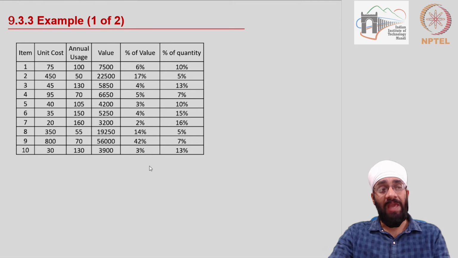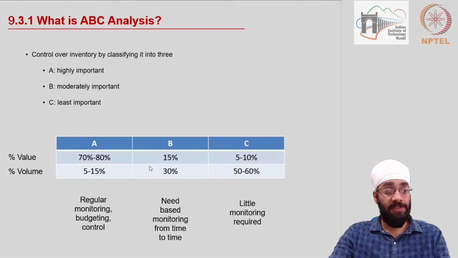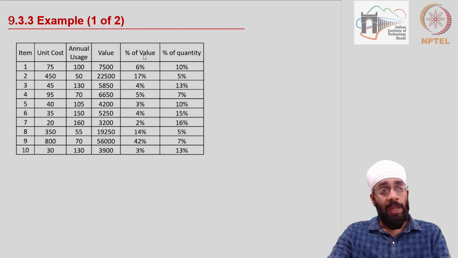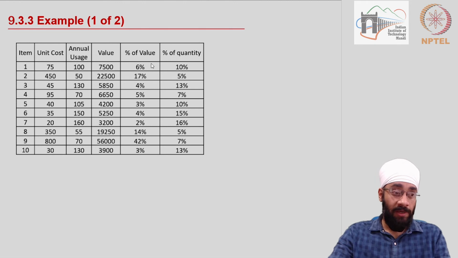The reason we have these columns is because we have this guide. If you remember earlier, we have this guide which says percentage of value and percentage of volume, and that's what we have exactly figured out in this table. Now that we have percentage value contributed by each stock item and percentage quantity, because the value is the most important thing, we are going to arrange this table in descending order according to this column.